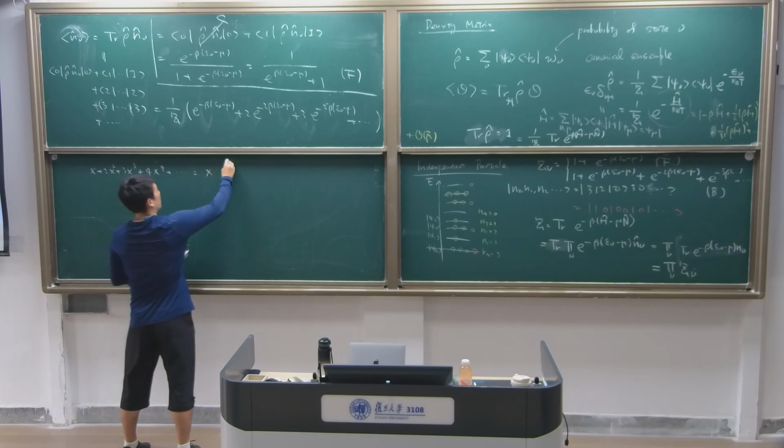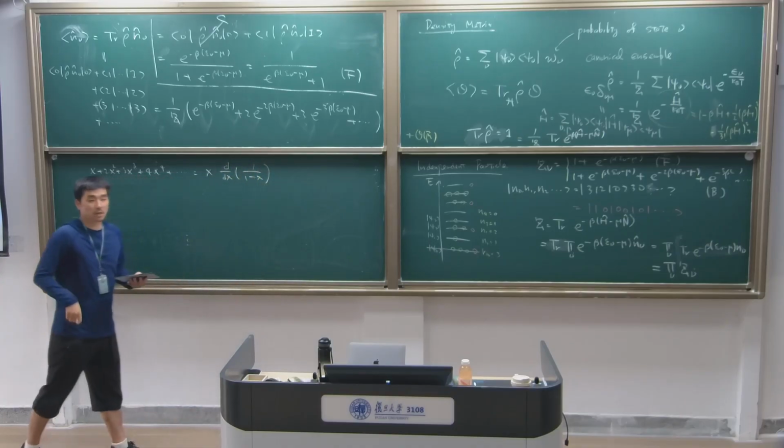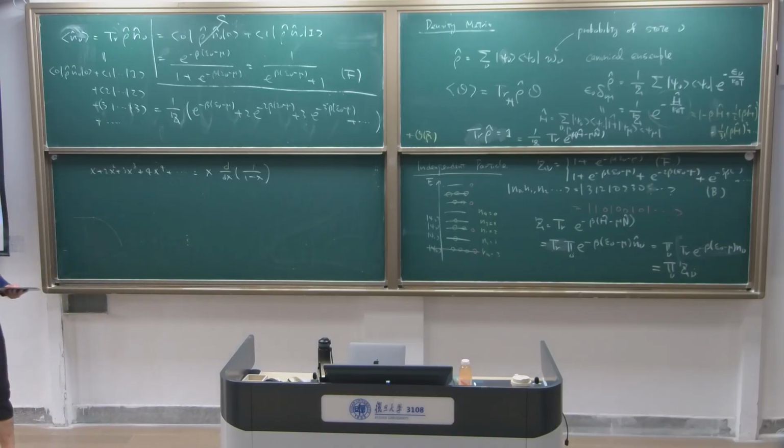What's this? This is x over 1 minus x squared. You agree with that? Okay.